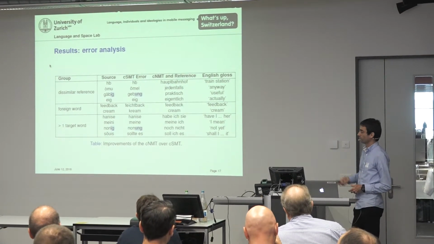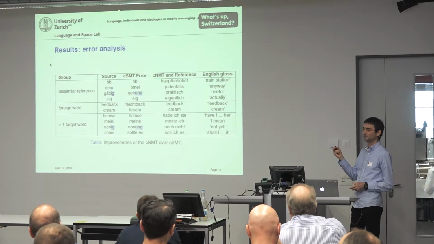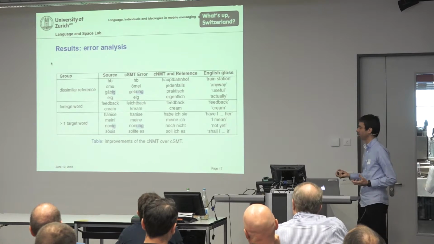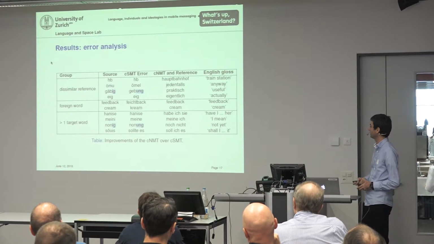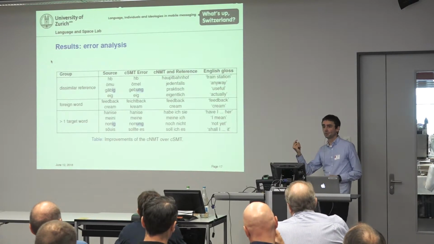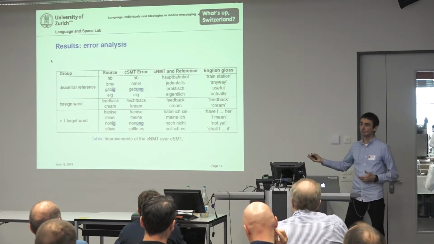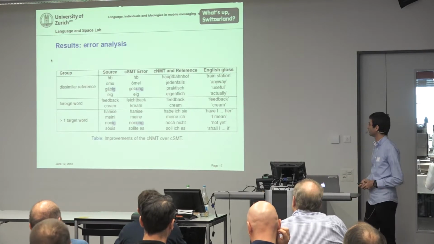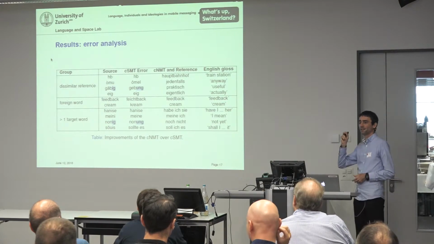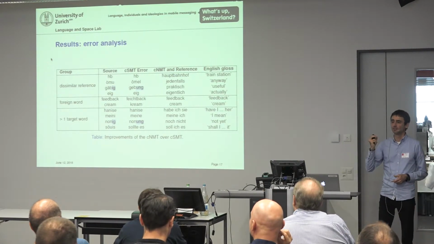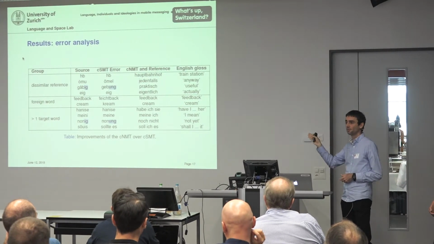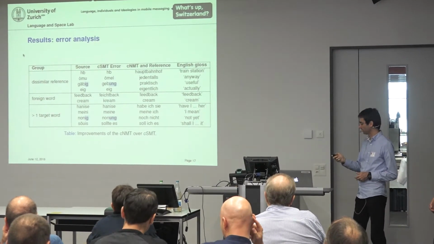The second category is foreign words. In this case, the statistical system forces normalization when it's actually not necessary, because the foreign word should be left as it is. The third category is when one Swiss German word is normalized as two or more normalized forms. We believe that in all these examples, the additional integrated word-level language models played a very important role in improving the translation of the neural systems.